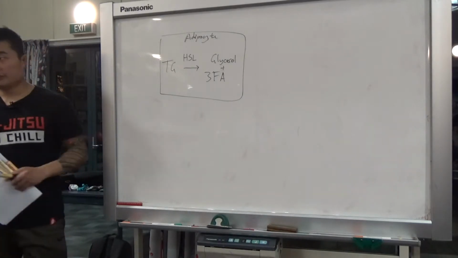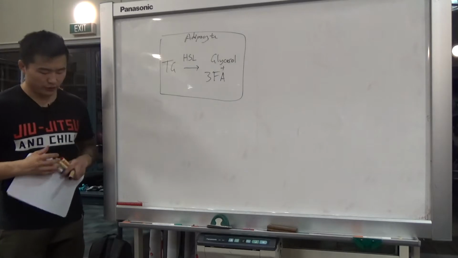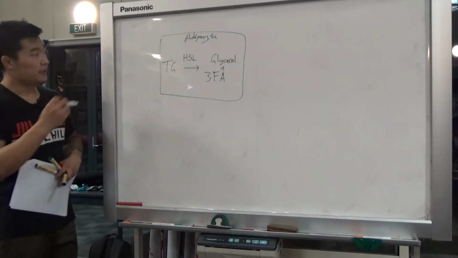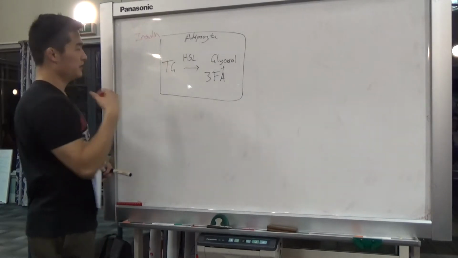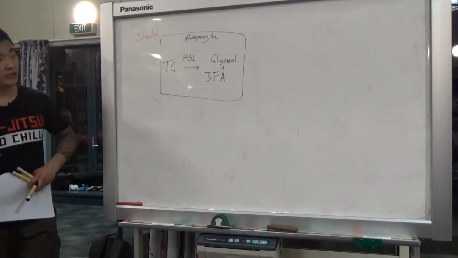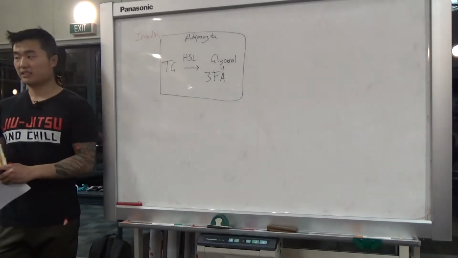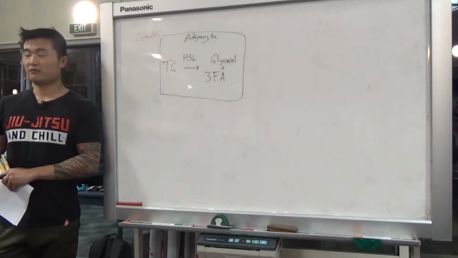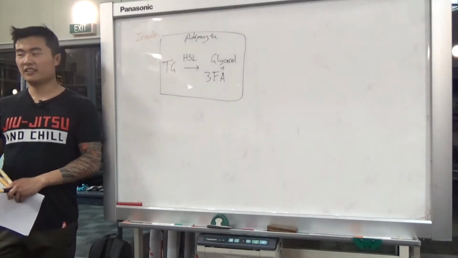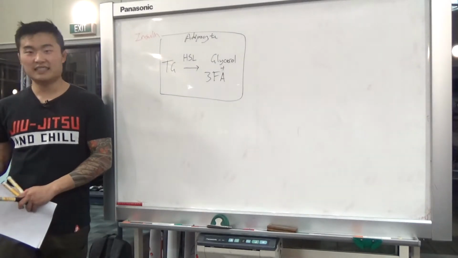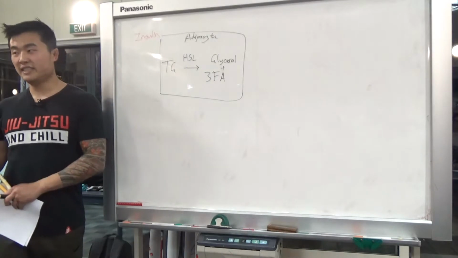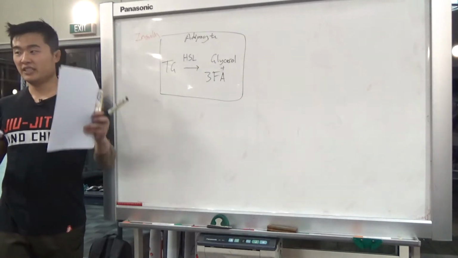And we'll go through this more later, but you have insulin. So if you have insulin, when is insulin released? When your blood sugar is high or low? Yep. So if you have lots of sugar in your blood, you'll get insulin released. So when you have insulin, that means you have a lot of sugar.